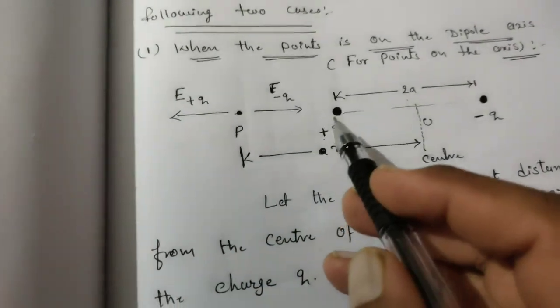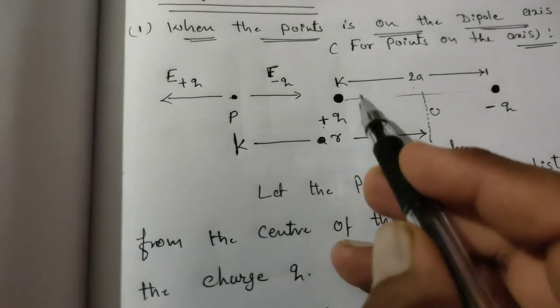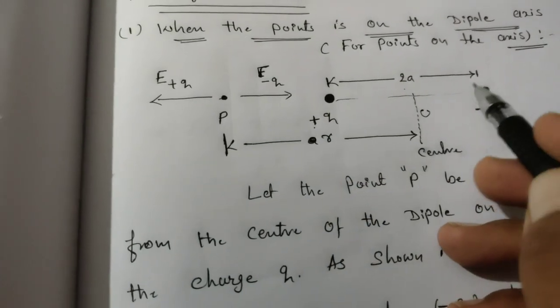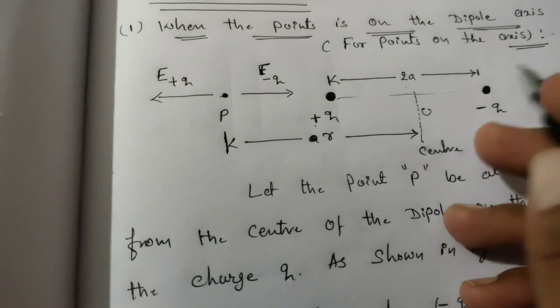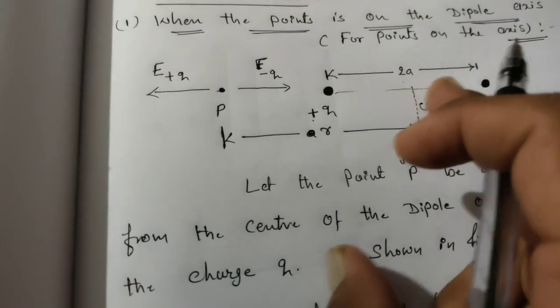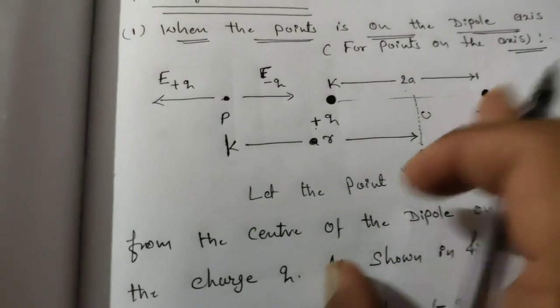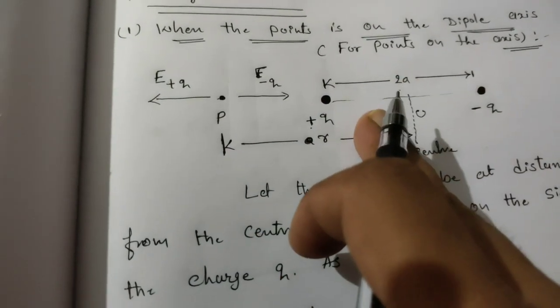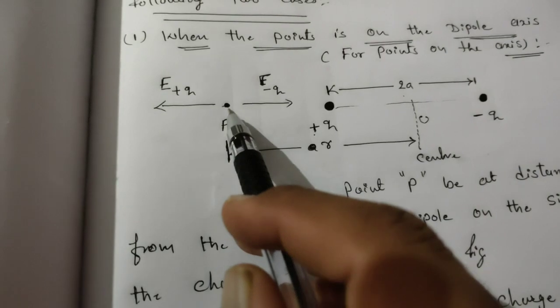Now, as we know, the positive charge particle produces electric field radially outward, and the negative charge particle produces electric field radially towards the charge. Whatever resultant field we have, we are going to find at this point, point P.